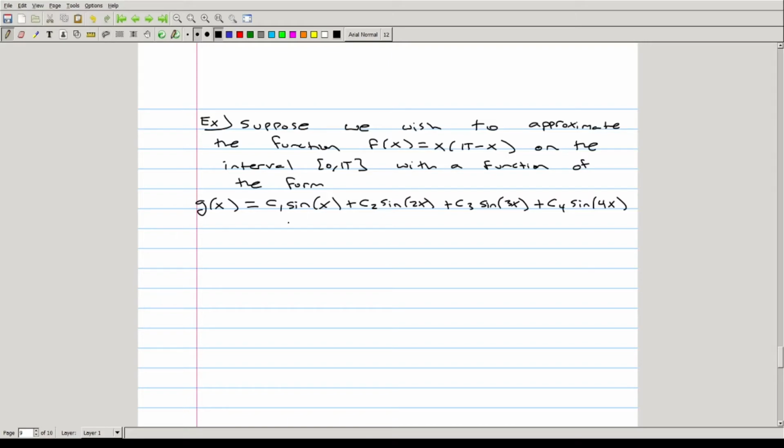And just for simplicity, I'm going to call this function sine of x g1 of x. I'll call this function g2 of x. This function g3 of x. This function g4 of x.